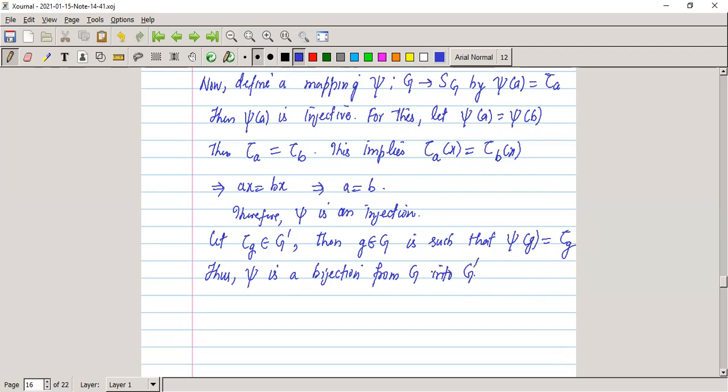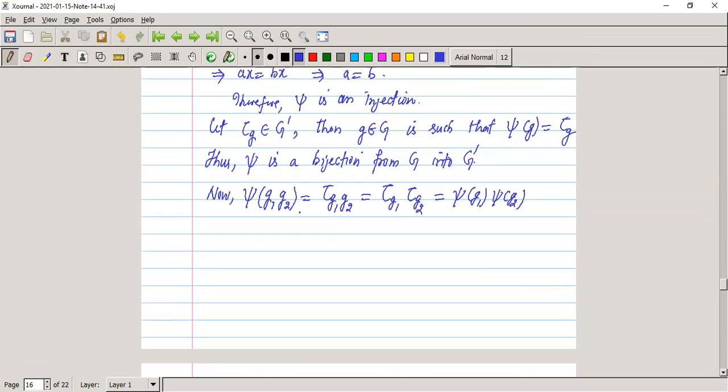Now to prove that these two groups are actually isomorphic, we only need to prove that this psi is a homomorphism, and that would mean that the mapping psi preserves the operations of G and G dash. Now psi of g1 g2 is equal to tau_g1g2, and by definition of this tau, this is equal to tau_g1 tau_g2. So this is equal to psi of g1 psi of g2.